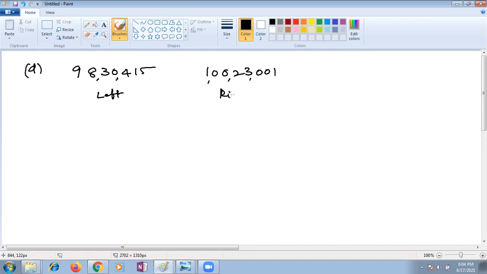Very good. Can you say why it is right? Ma'am, because 1 crore 23,001 is greater than 98 lakhs 30,415. So it is on the right side. Right.